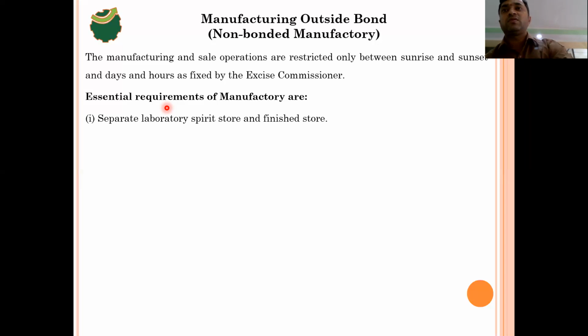Here also, the non-bonded laboratory has to submit the plan of the laboratory building and the list of equipment to be used. They also have to show the amount of capital proposed to be invested in the business, and indicate to the licensing authority the maximum quantity of alcohol likely to remain in the premises at any one time.